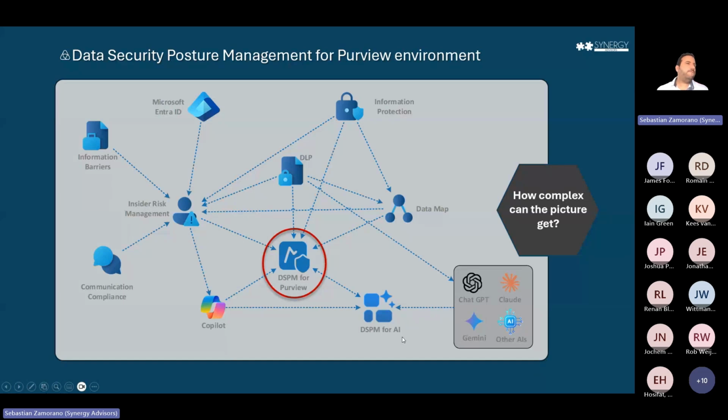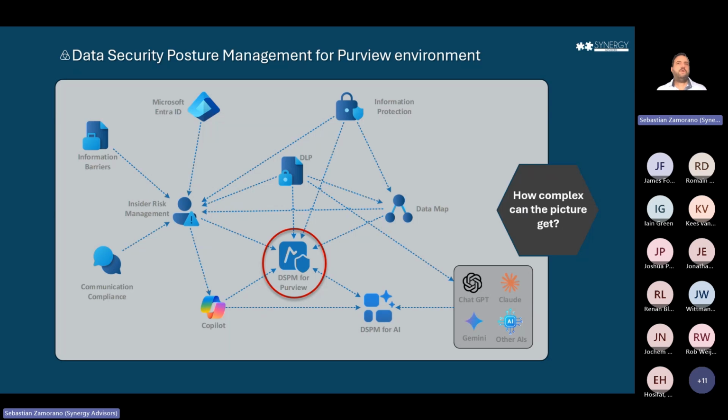I did another session related to this topic a few months ago. I will show something because DSPM for AI sets some policies, some recommendations that are used in DSPM. And in the next slide, we will compare the big difference between DSPM and DSPM for AI.